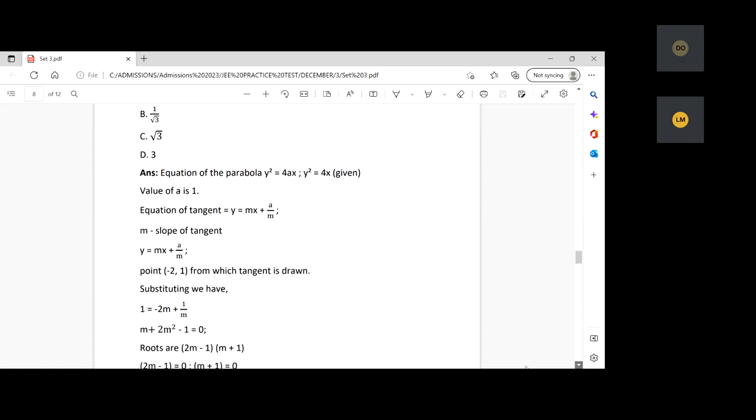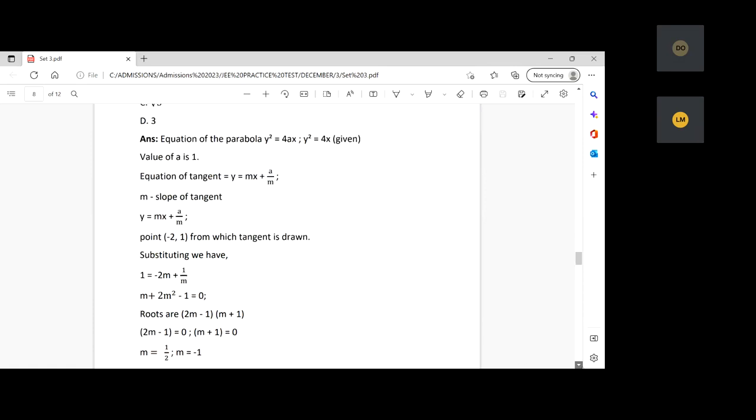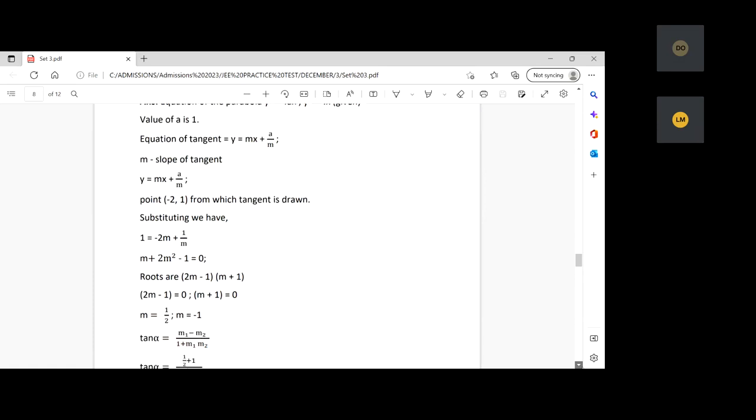Once you frame an equation, we can get two roots here, m1 and m2. It could be 1 by 2 or -1. Now what's the equation for the angle? What is tan theta? It's m1 minus m2 by 1 plus m1 m2.